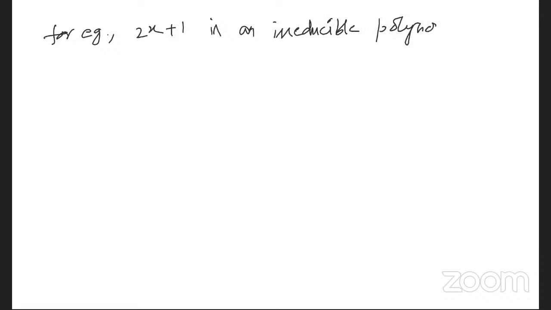For example, 2x plus 1 is an irreducible polynomial. And x square plus x plus 1 is again an irreducible polynomial.